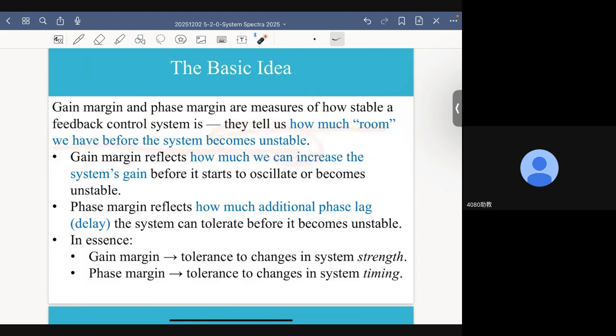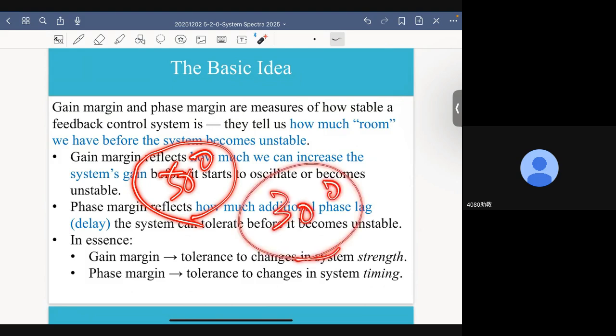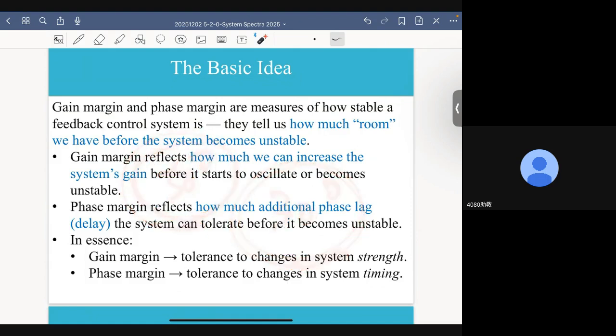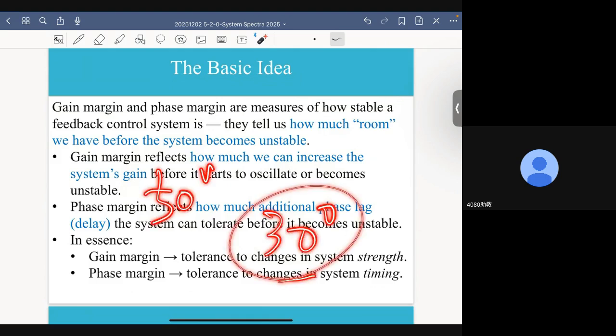Now, if the gain margin is 50 degrees for one system, and for the other system, let's say the gain margin is 30 degrees, then it is actually correct to say this system can tolerate more uncertainties than this system.